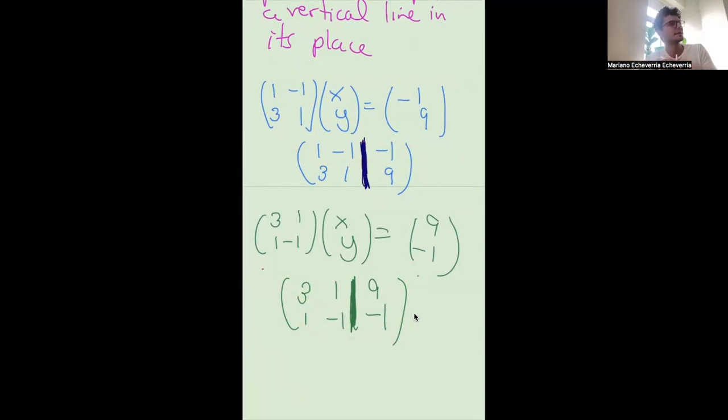I'm about to do more examples with this notation so that you see what's going on. The vertical line is a placeholder for x and y. It's not that you have eliminated them, they're kind of behind the wall. They're there, but hidden from you because they're just taking up space.